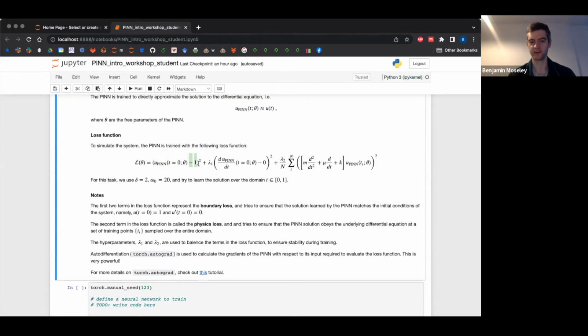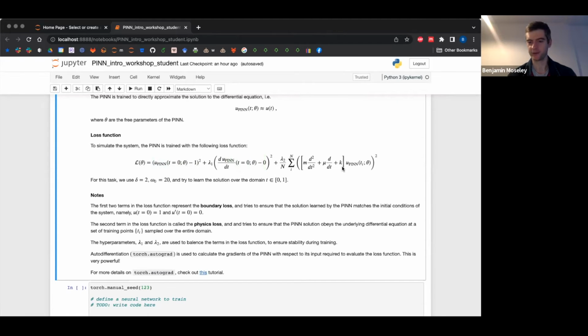So I subtract it from 1, and hopefully this will be 0 if that's the case. I square the value, and that's my first term in the loss function. The second term is the same, in this case for the velocity. I take the derivative of my neural network at time equals 0 and try to match it to 0, so it starts with velocity 0.